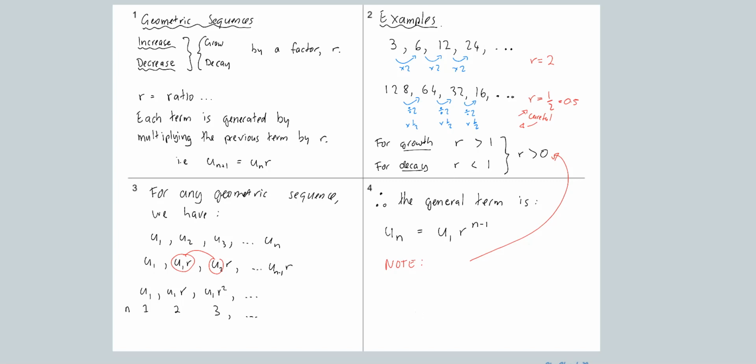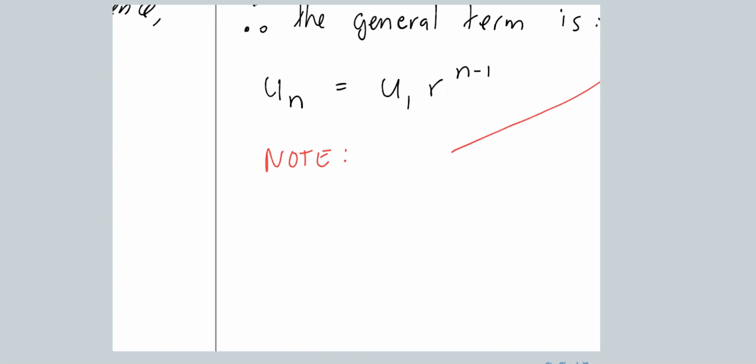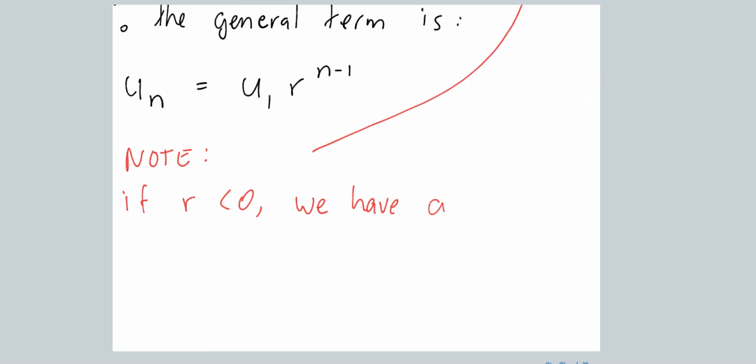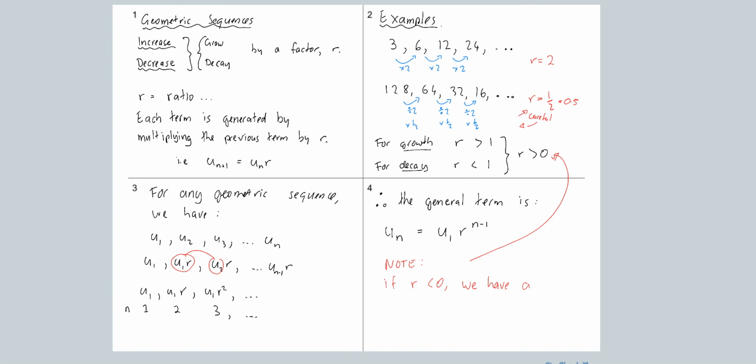So I just wanted to add to that to note that if R is less than 0, we have an alternating sequence, or oscillating, is sometimes what it's called as well.